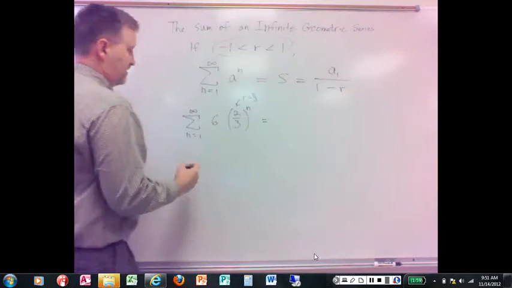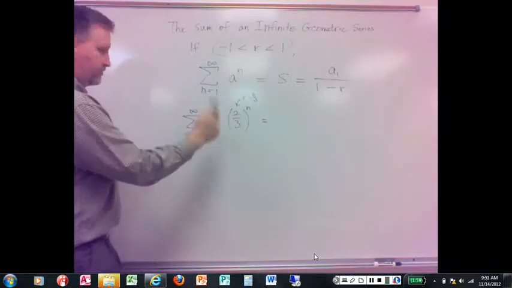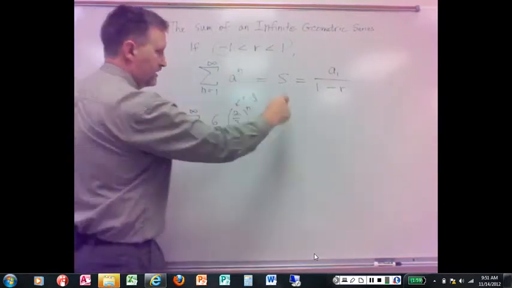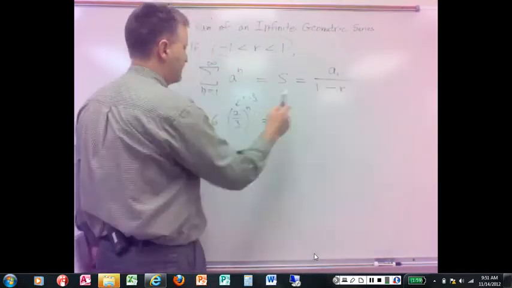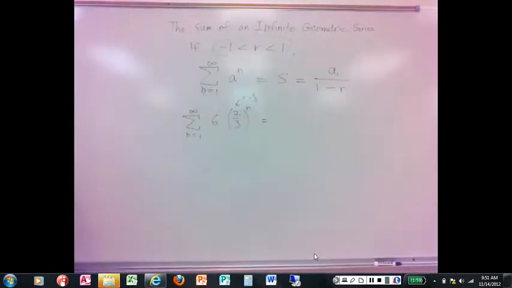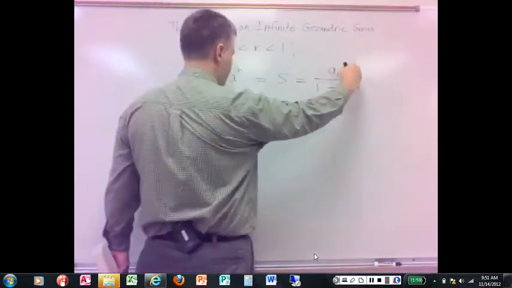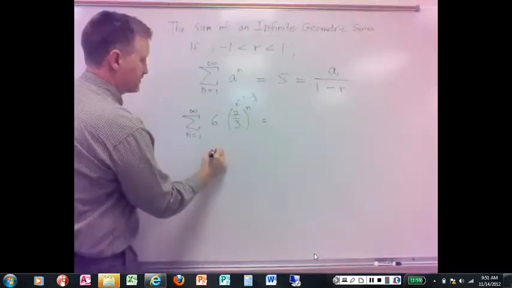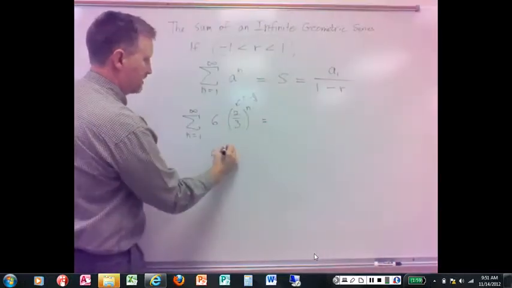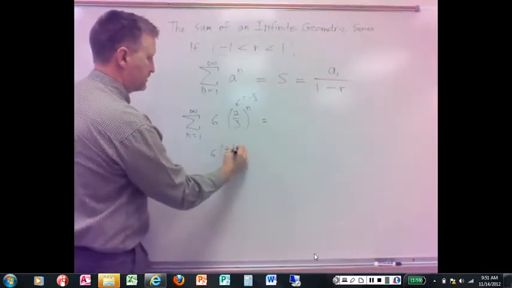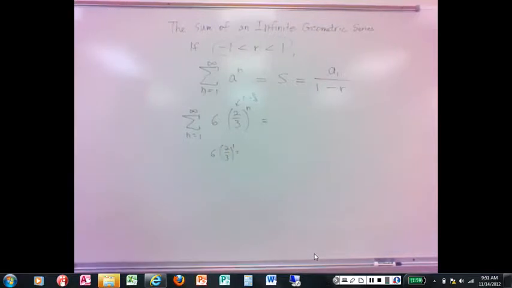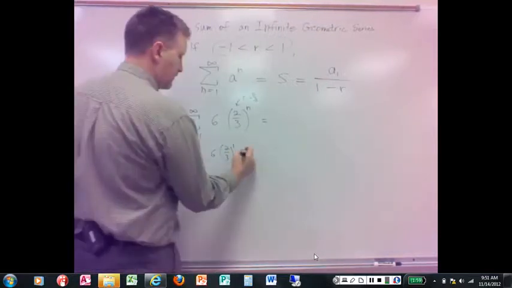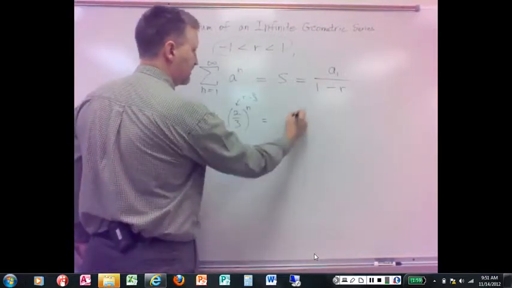So what is the sum of that? I mean, if I wrote it out, I'd be going n equals 1, 2, 3, 100, 1,000, 1,000,000. I could do all those with n, but the sum total of all this is going to be a sub 1, the first term. What's my first term? First term would be 6 times 2/3 to the 1. What's that going to be? 12 over 3, which is 4.